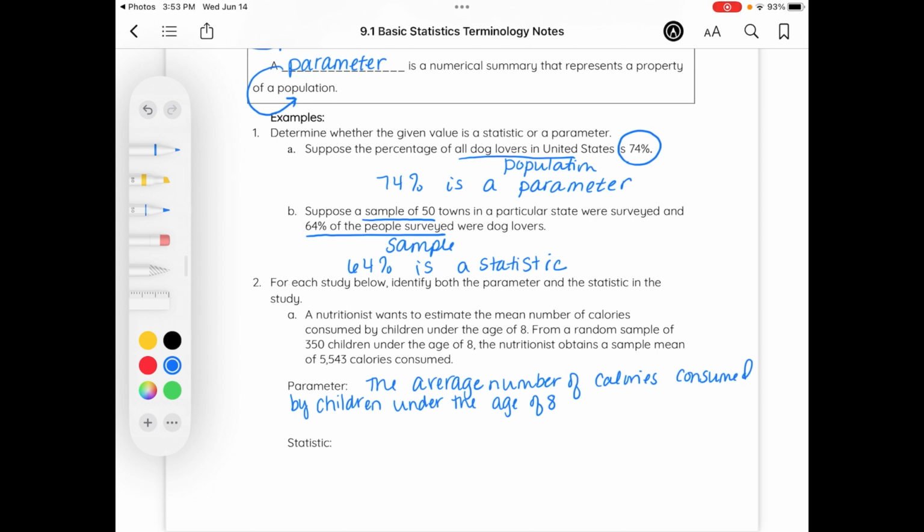However, we do know the sample mean is provided. The sample mean is the statistic.